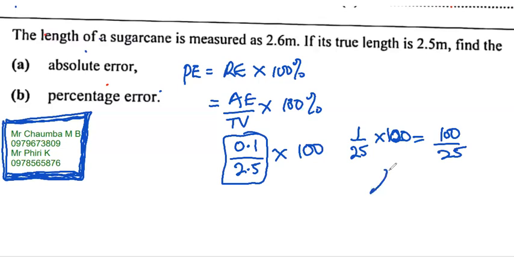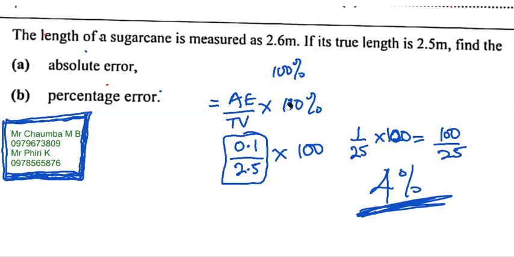This will give you what? 4%. That is going to be the percentage error. The amount of error in percentage form is going to be 4%. Is that okay? I hope that makes sense.